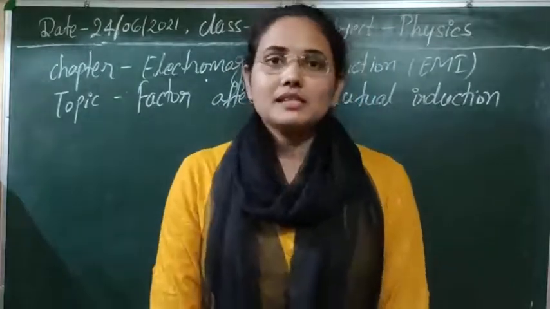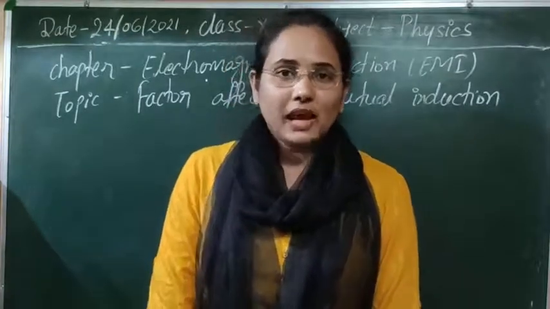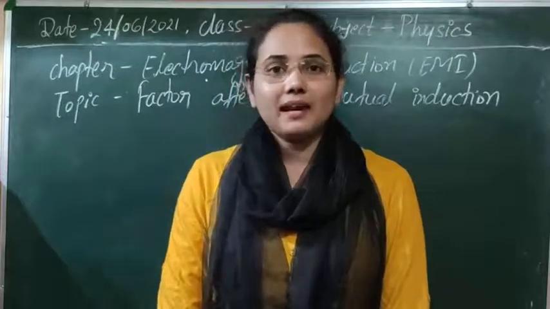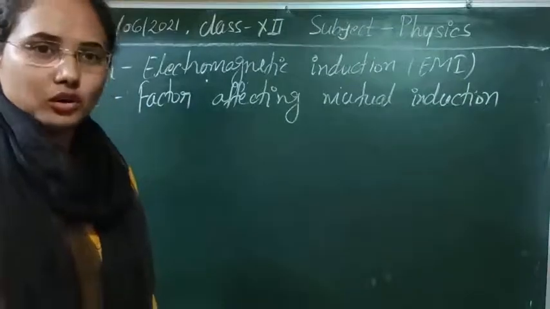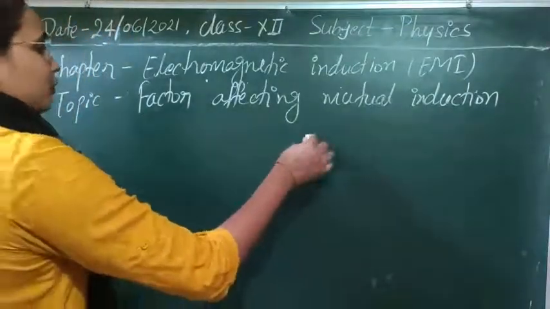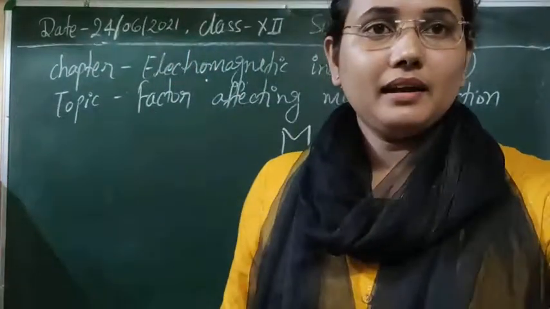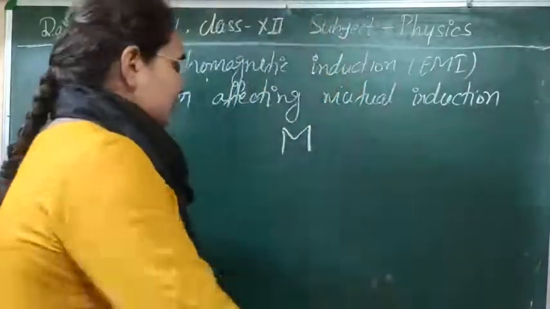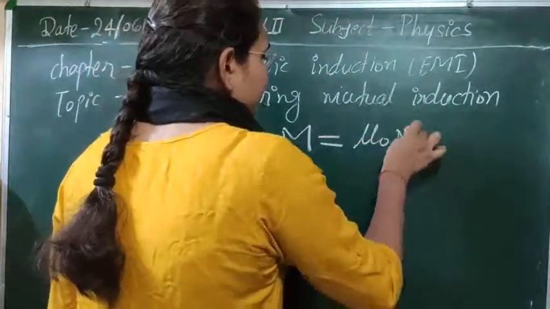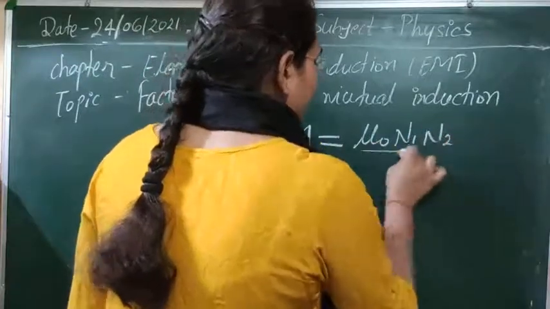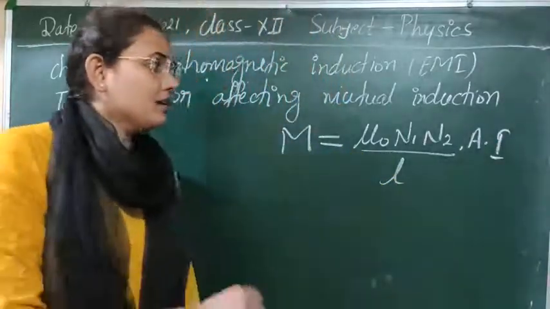So after the discussion on the mutual induction process, now we will discuss which factors the mutual inductance depends on. If you look at the formula for the solenoid that we have written, the mutual induction is given by M equals mu 0 N1 N2 upon L into A into the current flowing in the first coil.